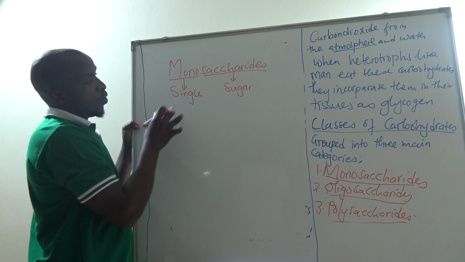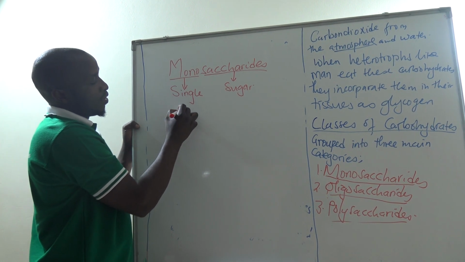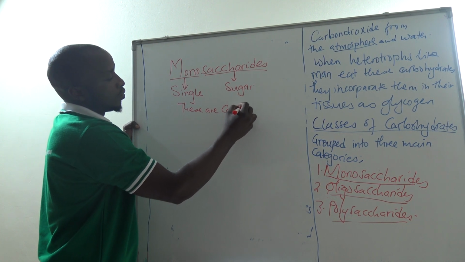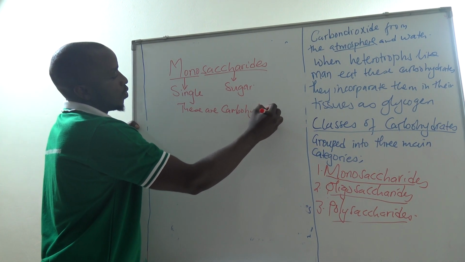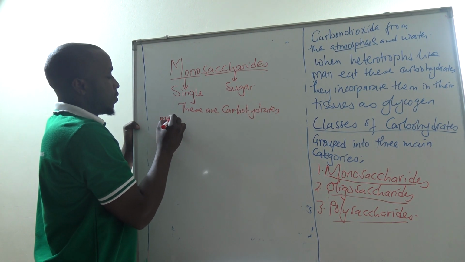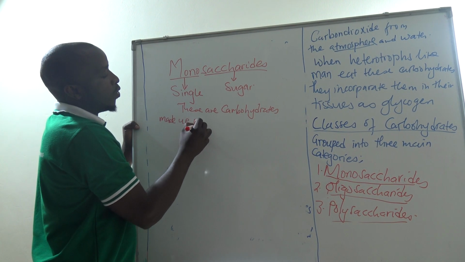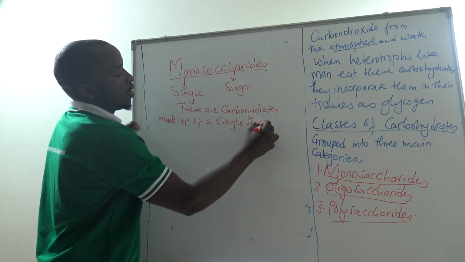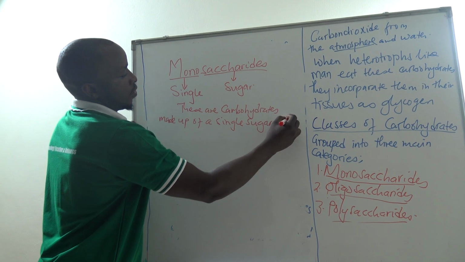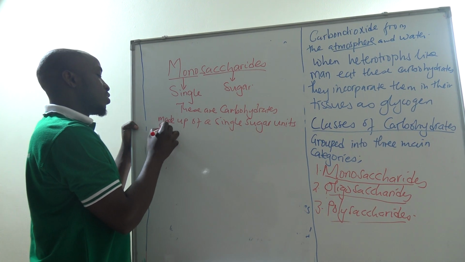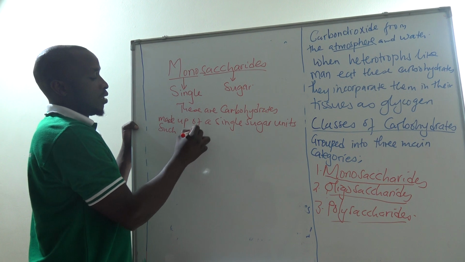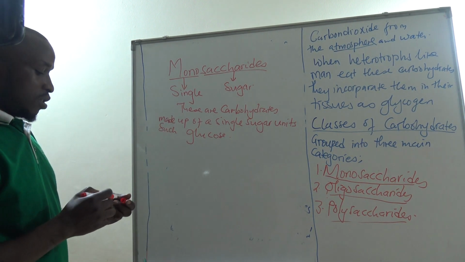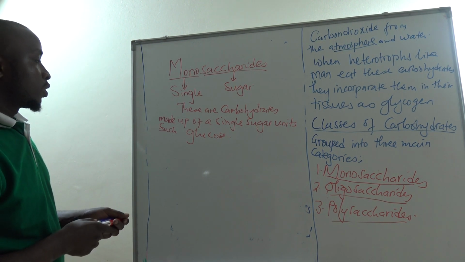So monosaccharides are carbohydrates made up of a single sugar unit. Take examples such as glucose. We shall come back to the structures of these molecules.